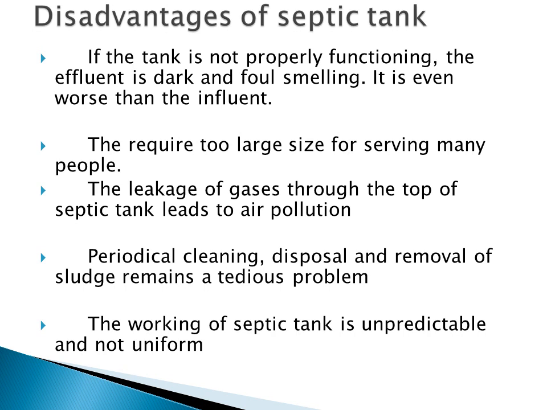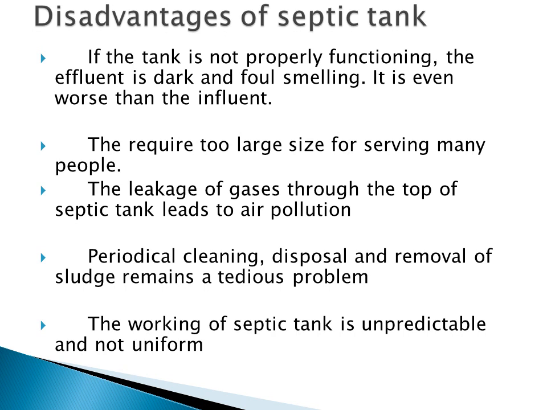The third one is that leakage of gases can happen at the top of the septic tank, which can lead to air pollution also. And periodic cleaning is most important. Periodic cleaning, disposal and removal of sludge is a big problem regarding the septic tank. The working of the septic tank is also unpredictable and may not be uniform.